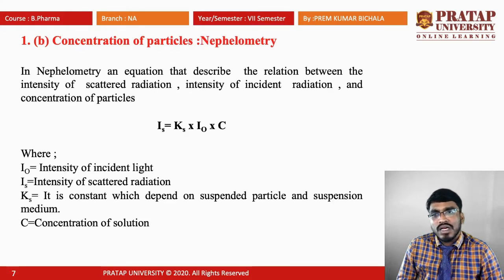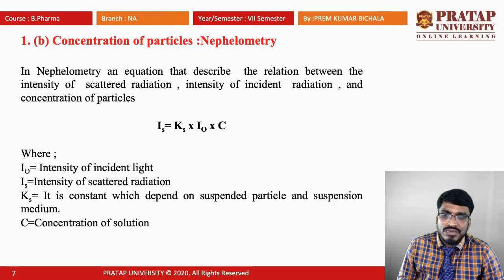The second phenomenon of concentration relates to nephelometry. In turbidimetry we focus on turbidity, whereas here we focus on the scattering of light. In nephelometry, the equation that describes the relation between the intensity of scattered radiation, the intensity of incident radiation and the concentration of particles is Is, the intensity of scattered radiation, equal to a constant times the intensity of incident light times the concentration.